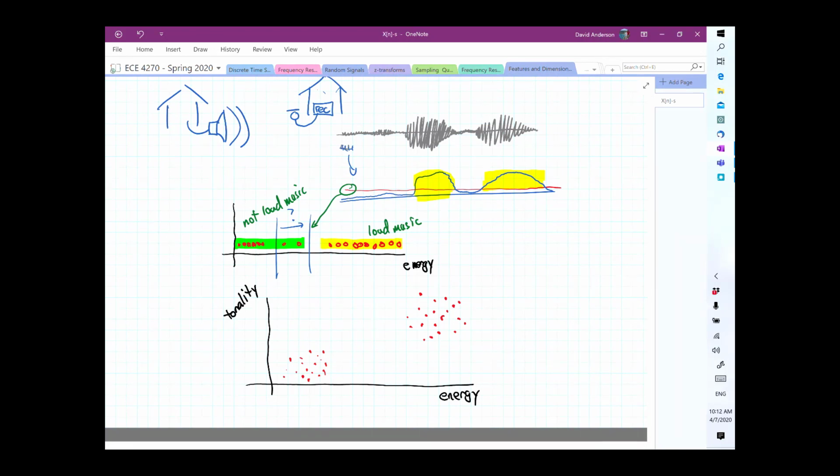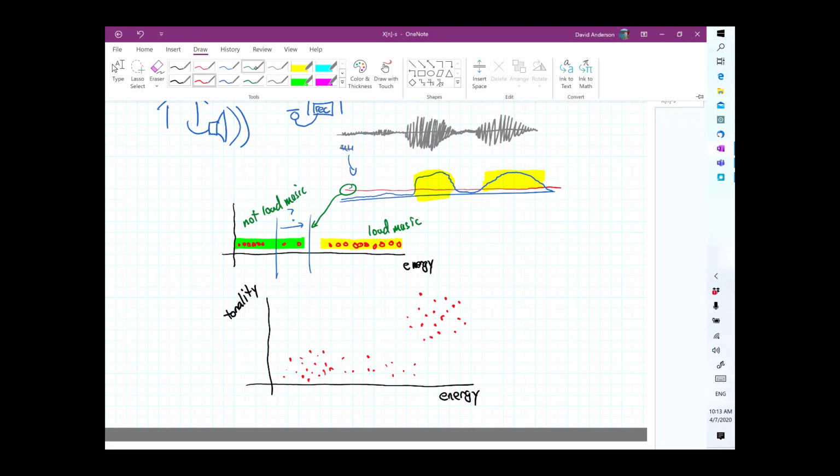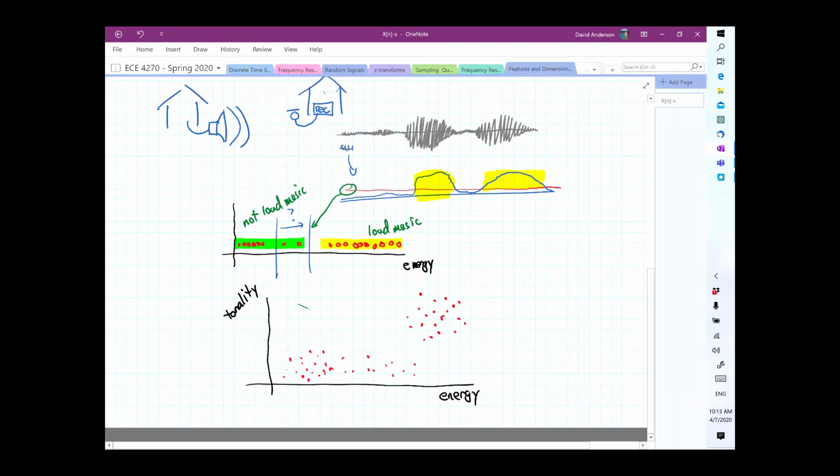And so now this gets a lot easier, because maybe the car comes by and it gives us something down here that's comparable in energy to what the loud music was. But because I added another dimension, it's now what we call separable. I could draw a simple line between there and it cuts everything out.